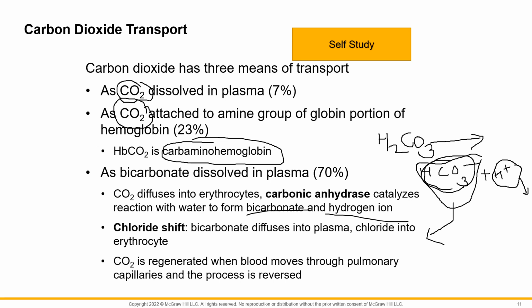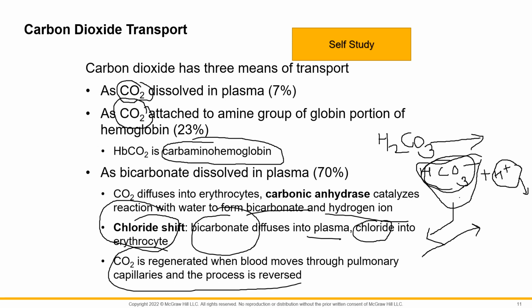And for every bicarbonate ion that is pushed out of the red blood cell, a chloride ion is taken up by the red blood cell, which is what your chloride shift is. So bicarbonate diffuses out of the red blood cell and into plasma. Chloride diffuses from the plasma and into the red blood cell or your erythrocyte. This whole process is reversed when this gets to the lung.